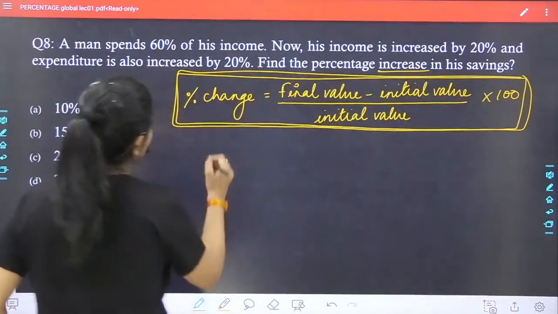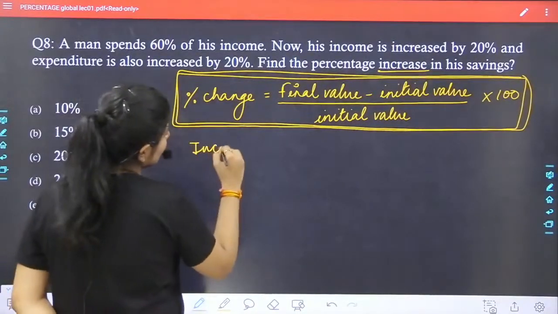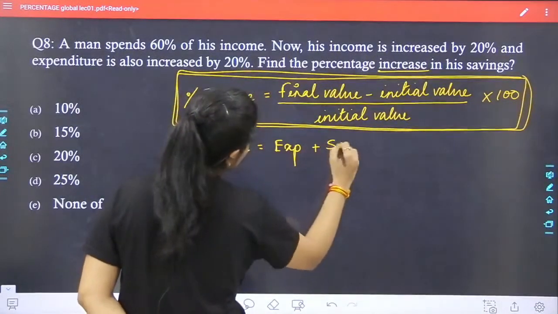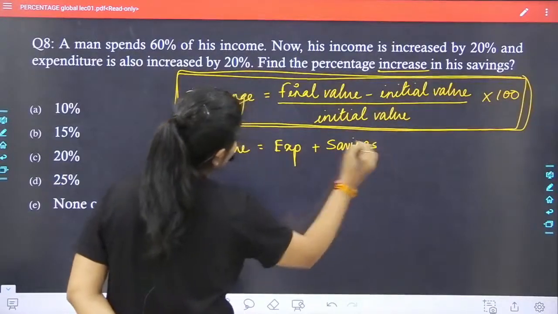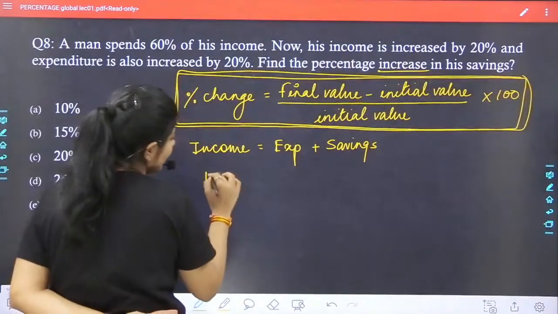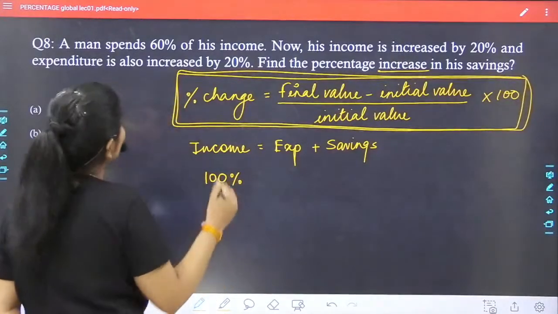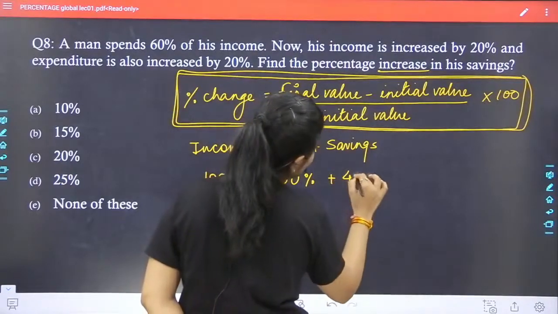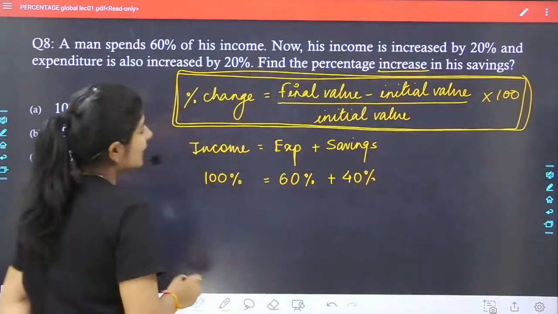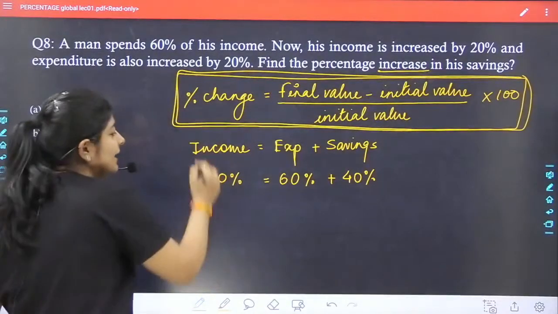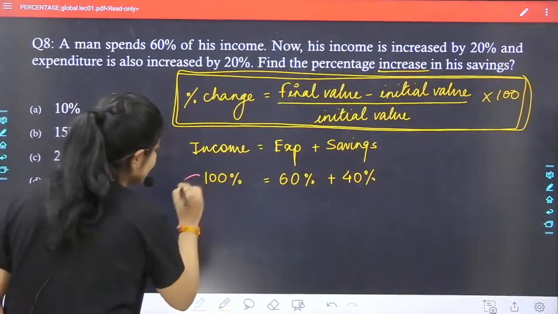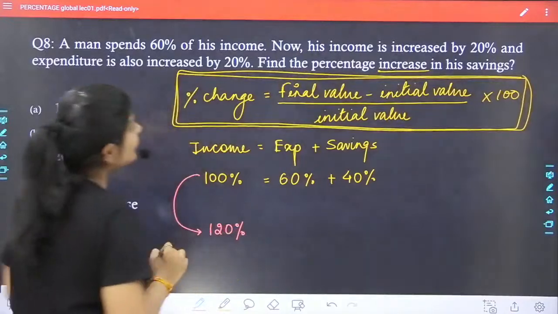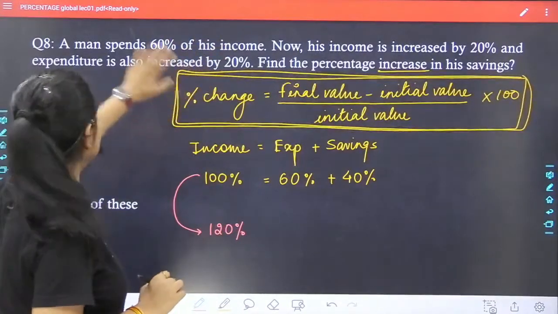Let's see. Income is equal to expenditure plus savings, right? If 100% is income and 60% is expenditure, that means we have 40% as our saving. But it is given that the income is increased by 20%. That means now the income becomes 120%, and there is an increase of 20% in expenditure also.